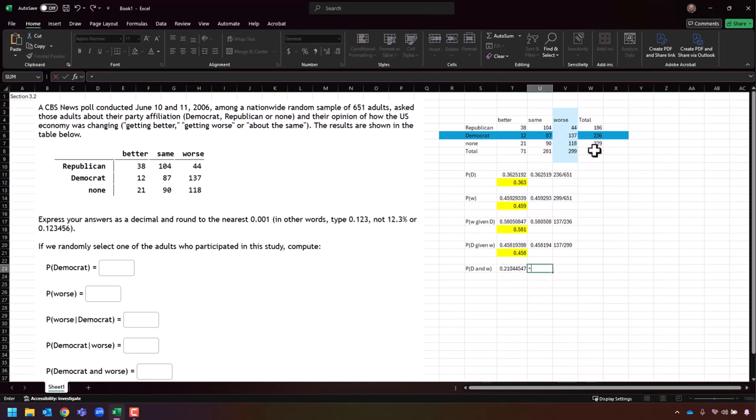So there it is, 137 over 651. I want to give you those numbers so you have them if you want them. You can totally click the cells. Here we have 0.2104, which Excel will shorten to 0.210. But there we have the answers.